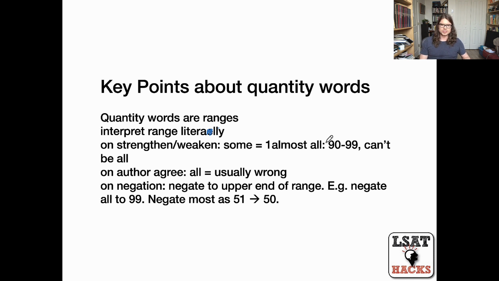On strengthen and weaken questions, you want to interpret some as 1. Almost all can't be all. I would not stake my career on almost all not being all, because I've never seen a question test this, but I don't think it could be. And you will see sometimes some, but not all. I have seen that. That would be like 1 to 99. That does come up on some questions.